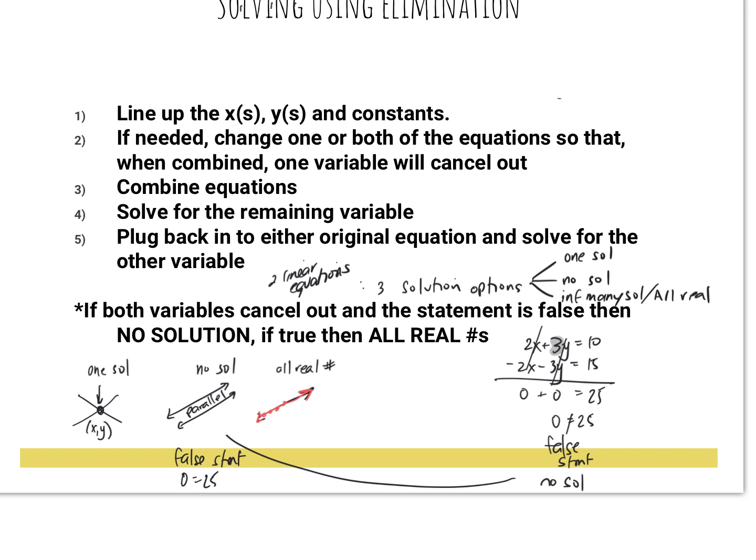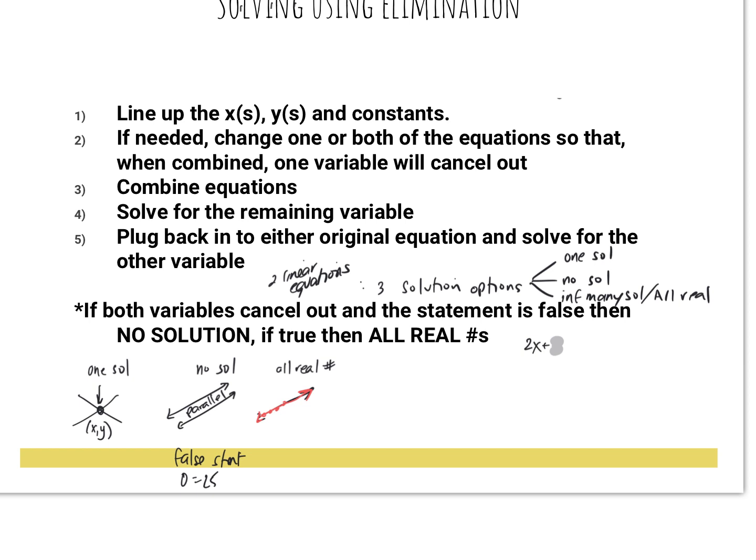The next scenario is the all real numbers. So what might that look like? Let's say you do your math, and you end up with maybe 2x plus 3y equals 10, negative 2x minus 3y equals negative 10.